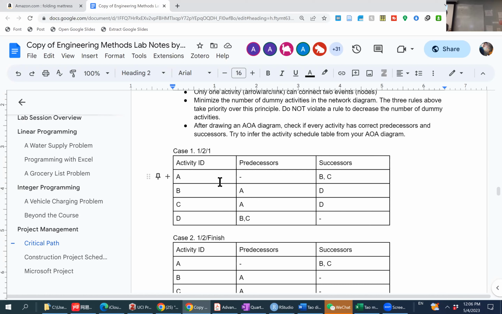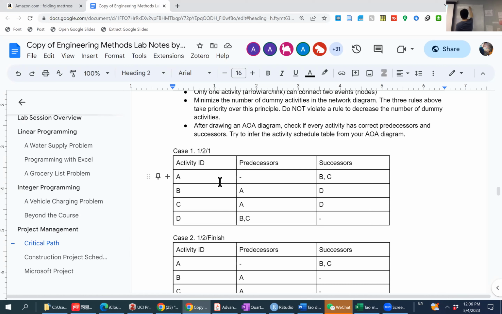B and C share the same predecessor A and the same successor D. That's why we can tell at this point that we should have a symmetrical structure here, with B and C on the activity arrows. After that, we see that D is a successor of B and C.